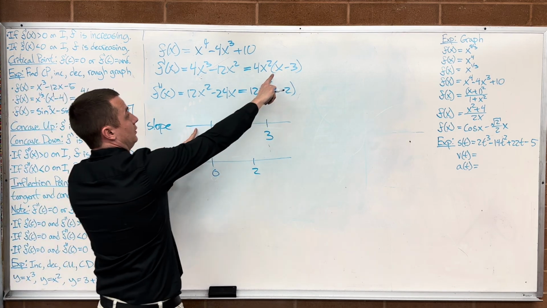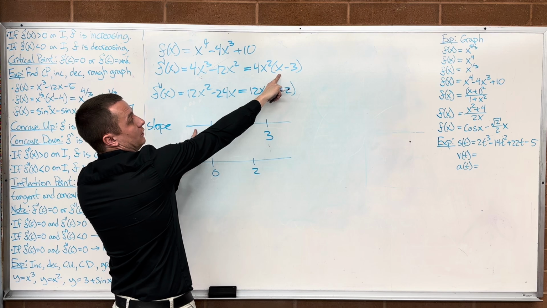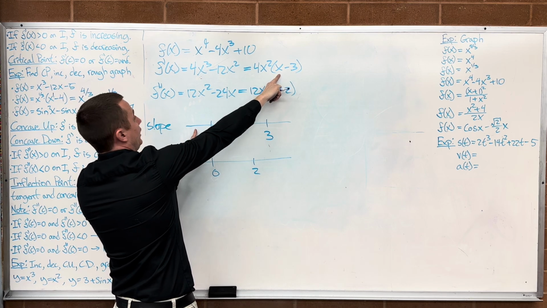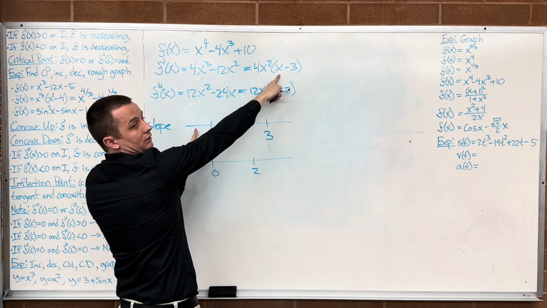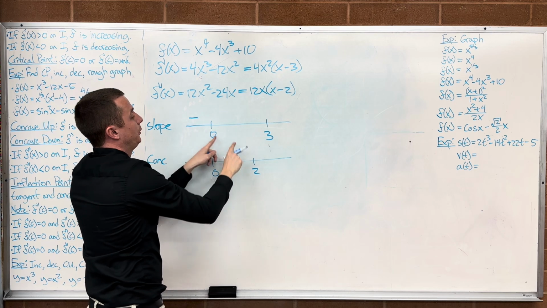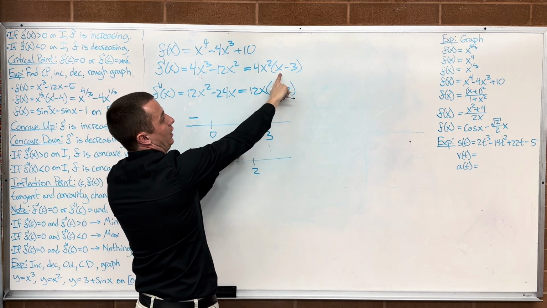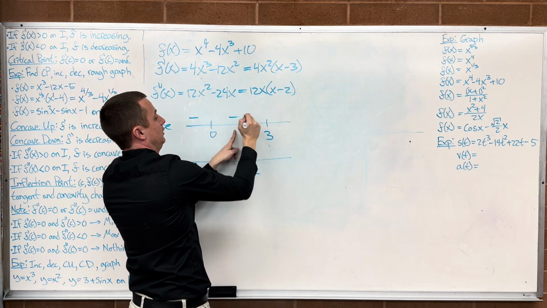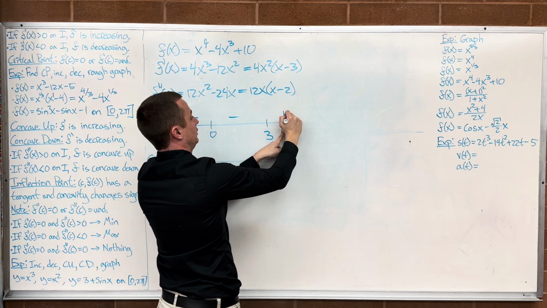Let's check each of these intervals. For the slope, if we plug in a number to the left of 0, we get a negative number. Something like 1, between 0 and 3, we get a negative number. And if we plug in something bigger than 3, positive.